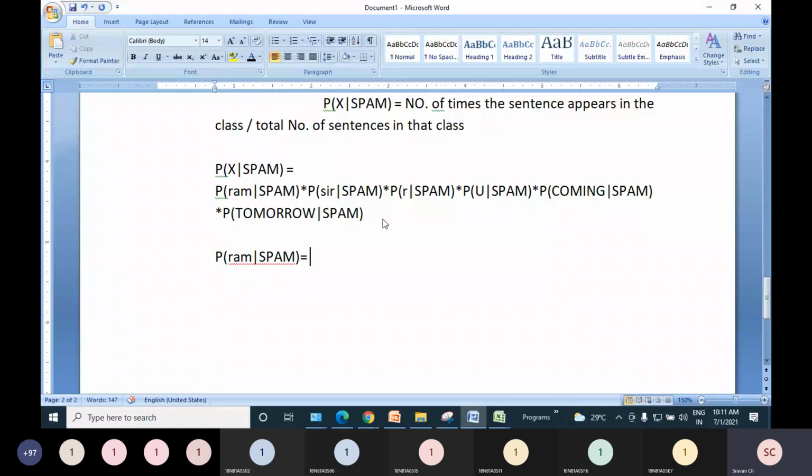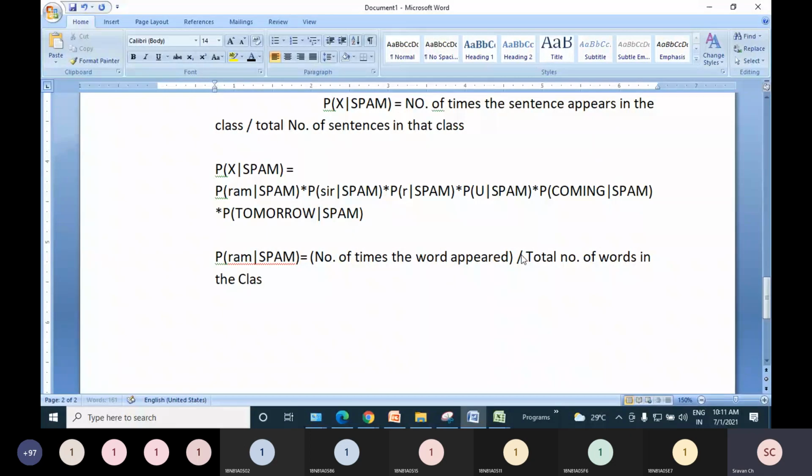Number of times the word appeared divided by the total number of words in the class.